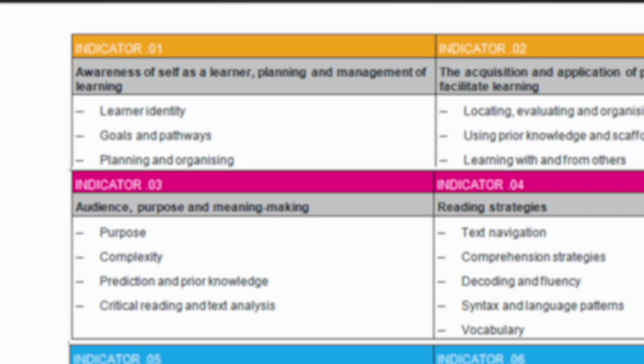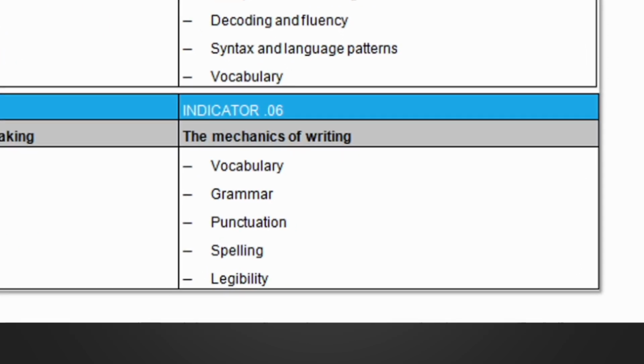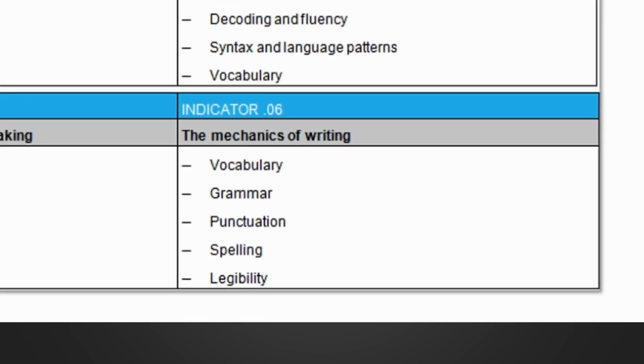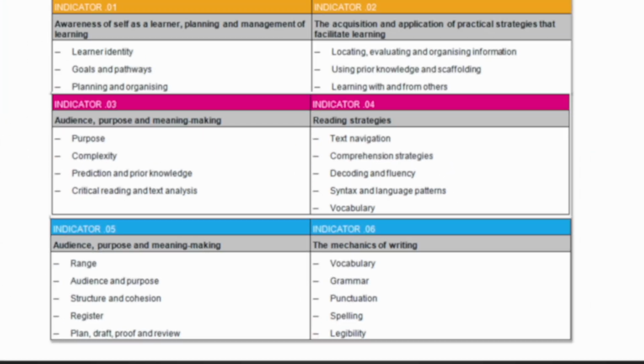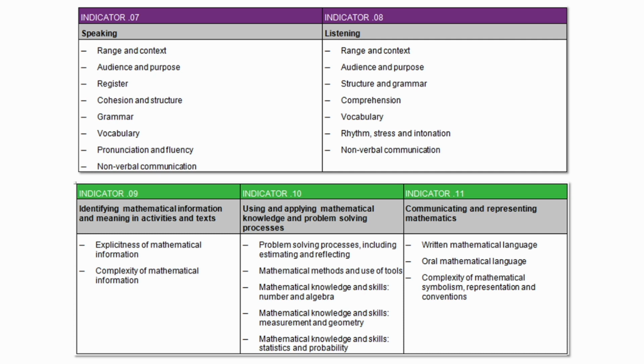If we skip down to the bottom right and look at indicator 0.06 for writing, the mechanics of writing refer to things like use of vocabulary and grammar, punctuation, spelling, and legibility. If we look now at oral communication and numeracy, we can see again how it's broken down so that we can better measure both the training specifications and the learners.